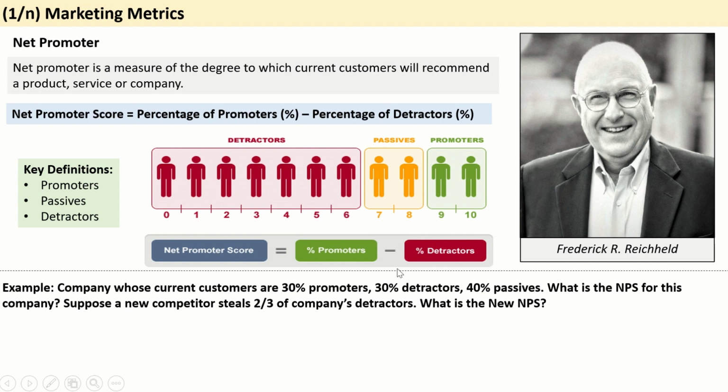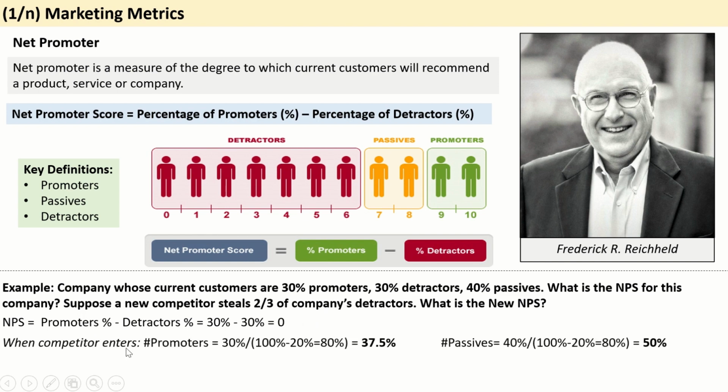Now, let us first of all calculate the original NPS. Using the formula, promoters percent minus detractors percent, the NPS comes out to be an unimpressive 0, because 30% of promoters minus 30% of detractors comes out to be 0. Now, when a competitor enters, the percentage of promoters changes to 37.5%.